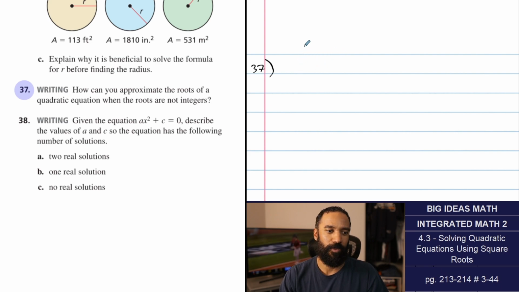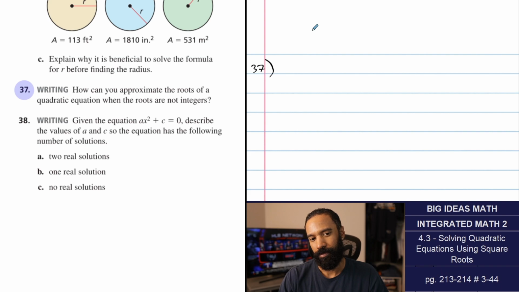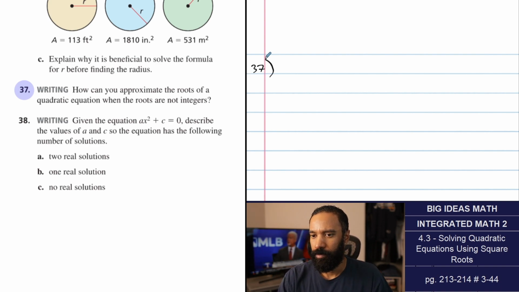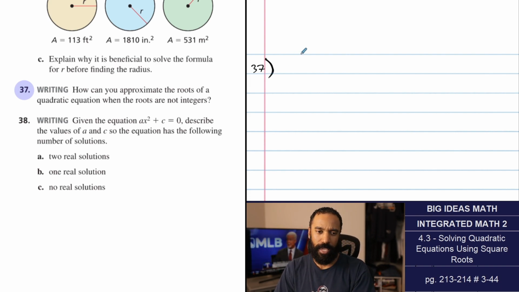Okay, number 37. How can you approximate the roots of a quadratic equation when the roots are not integers? Use a calculator. I don't know if they mean without a calculator.